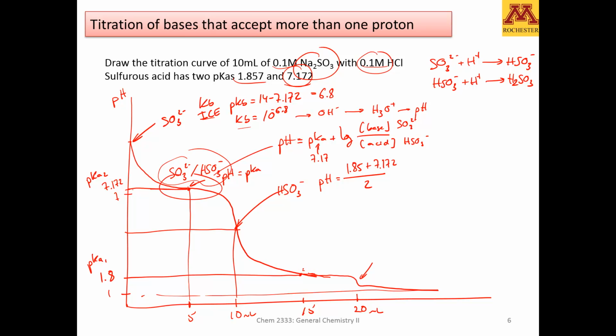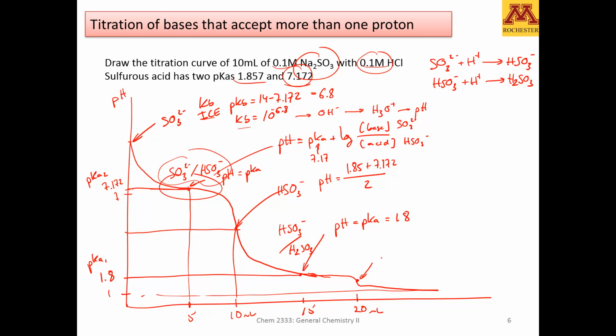And in here, again, this is the halfway of the titration, the maximum capacity of the buffer. This is pH equal to pKa. What pKa? Well, the lowest, which is 1.8. You have 50-50 hydrogen sulfite and sulfurous acid. So that point is easy.